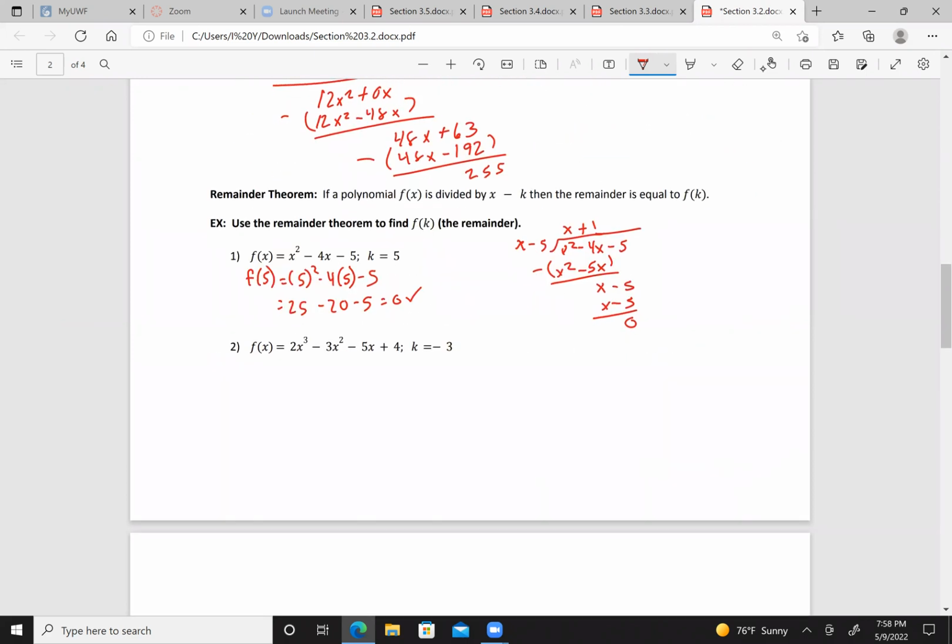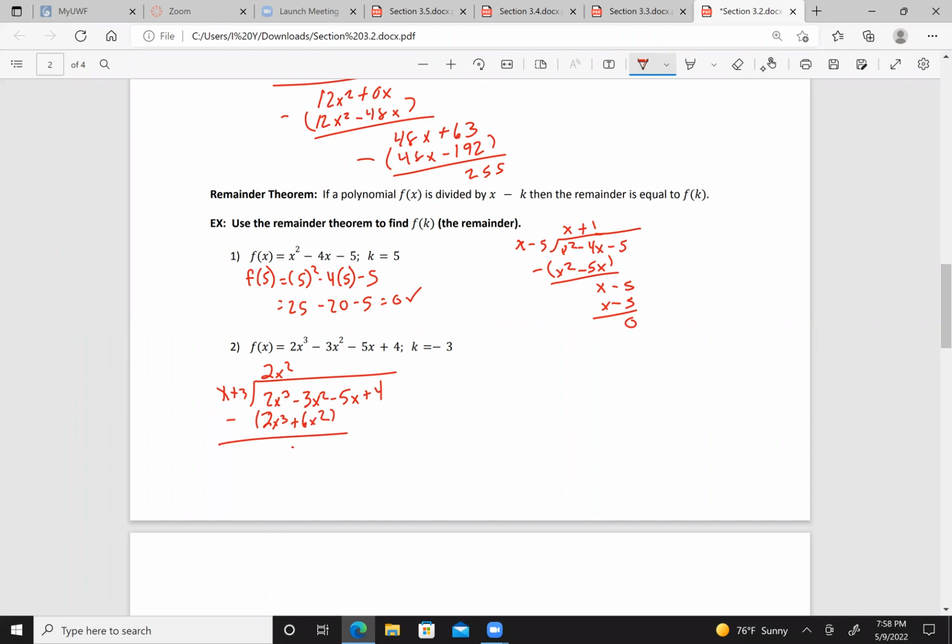So now I have k equals -3, so I'm looking at x plus 3 going into 2x cubed minus 3x squared minus 5x plus 4. So here we have 2x squared gives me 2x cubed plus 6x squared.